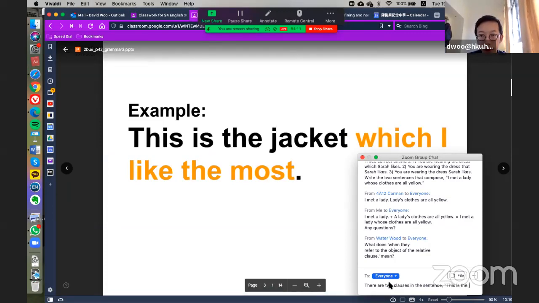This is the jacket which I like the most. One clause is the relative clause. The relative clause begins with the relative pronoun. Relative pronouns are, for example, who, that, which, whose.